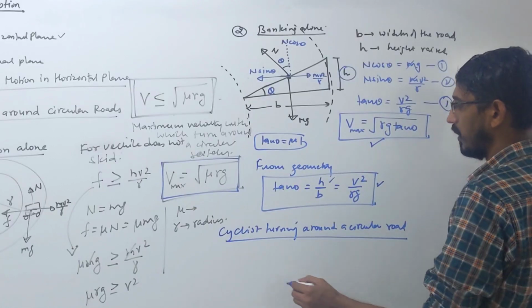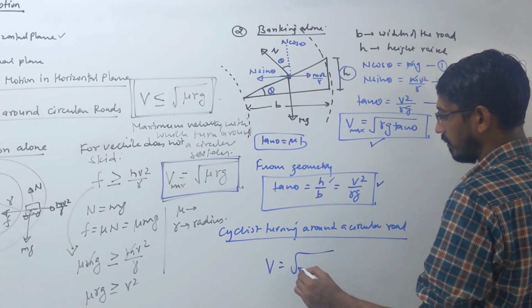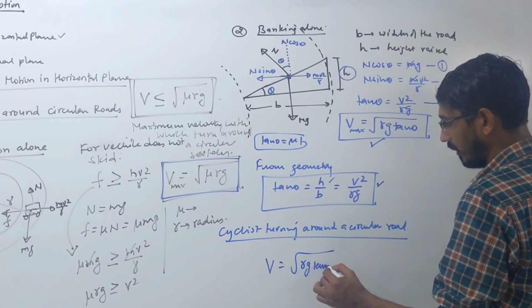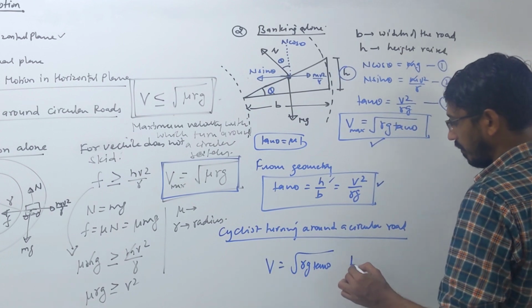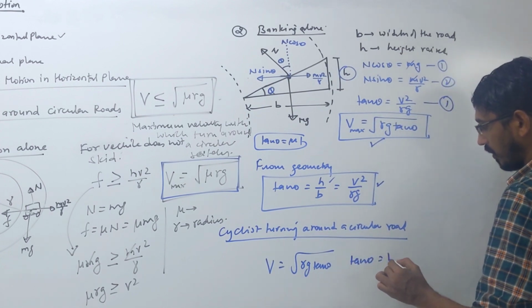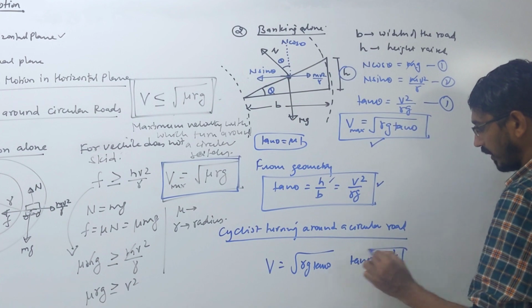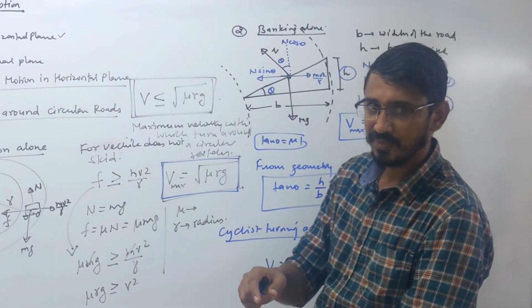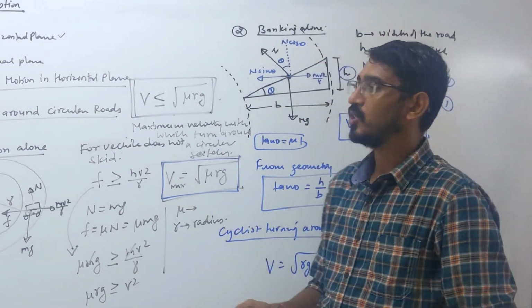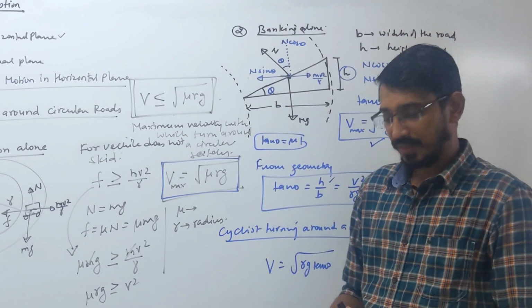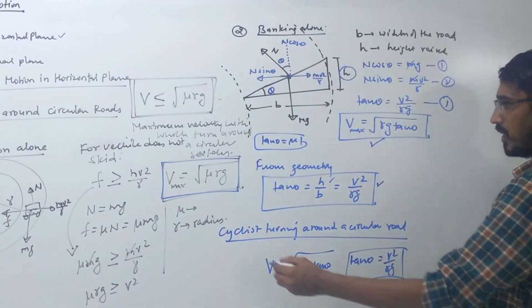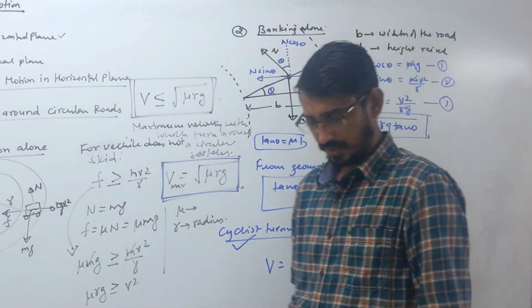Same answer, this answer only. Velocity maximum will be equal to root of rg tan theta. Or they will ask you the angle of banking, means tan theta, which is v square by rg, correct? The cyclist can bank, but a four-wheeler cannot bank, so we have to make the road banked, correct? So the same question can be asked for a cyclist turning around a circular road.